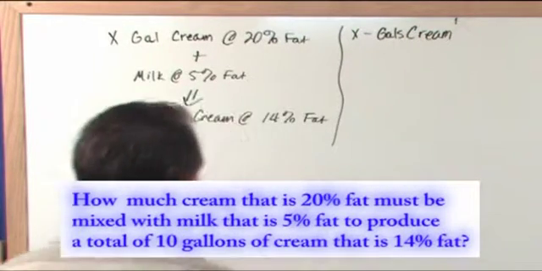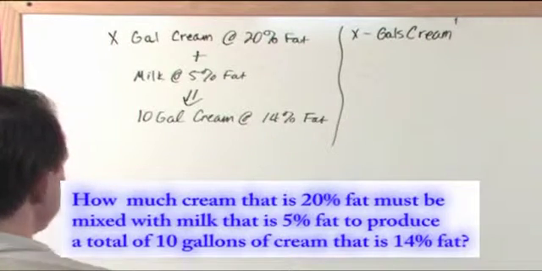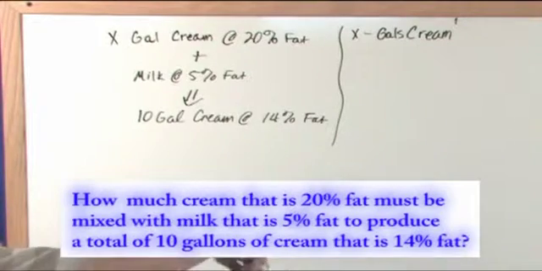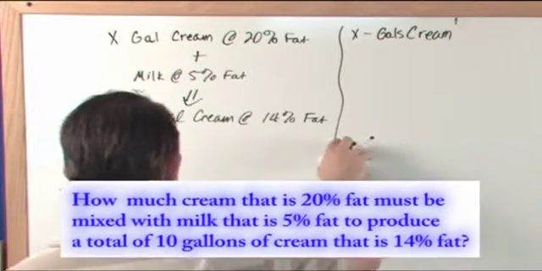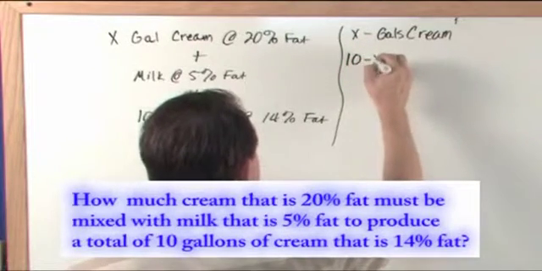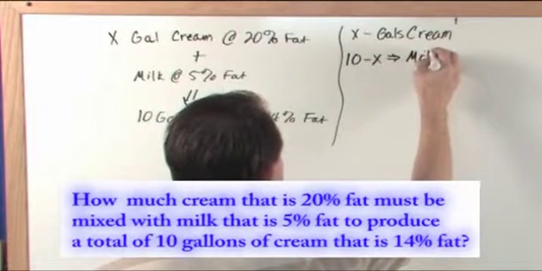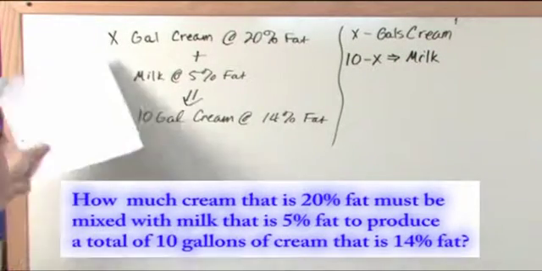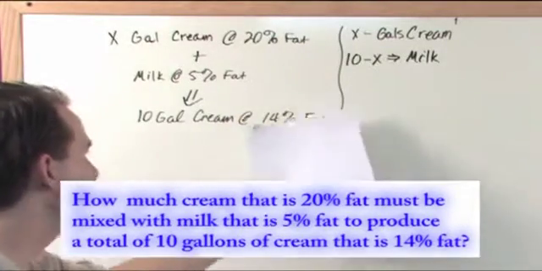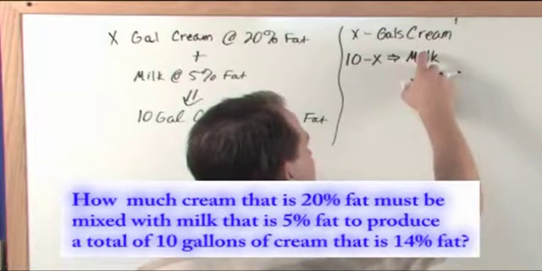If X is the number of gallons of cream, and we mix it with some milk, and the end result gives us 10 gallons in the end, then the expression 10 minus X must be how much milk I used. Think about that. If I mix these two things together and I get 10 gallons of something, and X is how much cream I'm using, then 10 minus X must be how much milk I used. That's going to be important later on too.